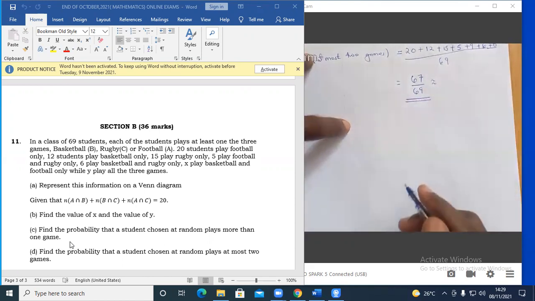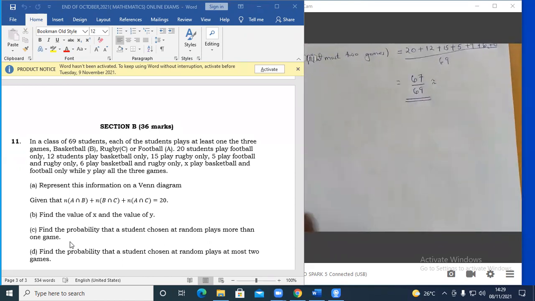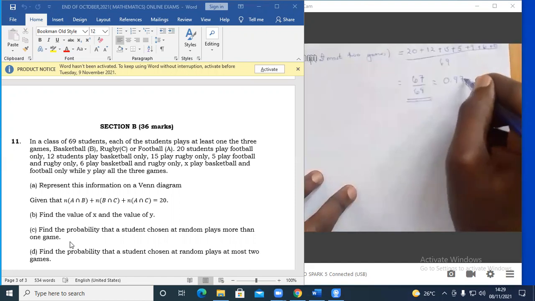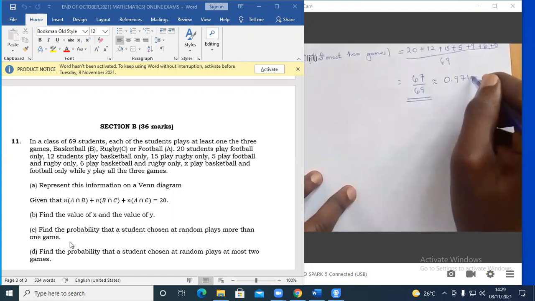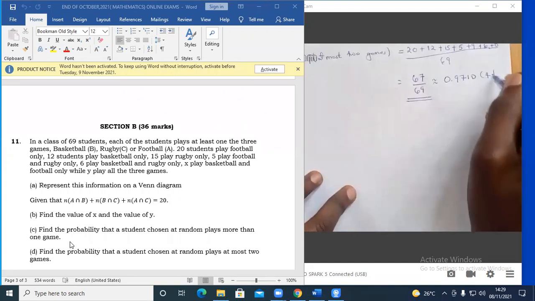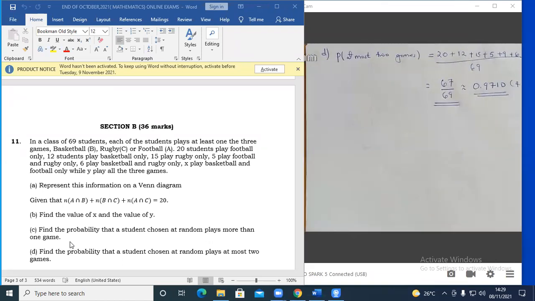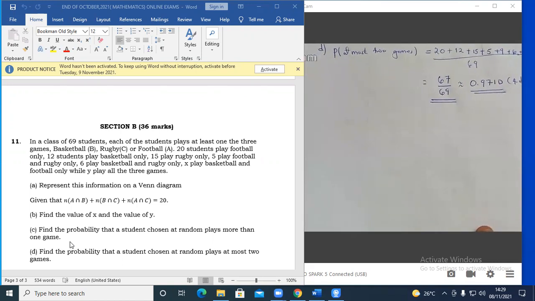Or you can put your answer in decimal point. So what is 67 divided by 69? You get 0.9710. To 4 decimal places, that one is also accepted. Okay?